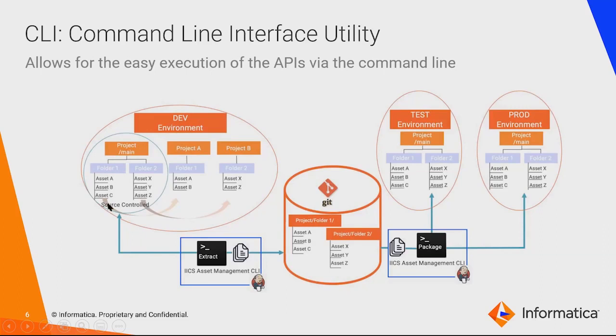So you need to extract this, right? So extract this in the sense, if it's an incremental release, you will have the list of assets that need to get migrated, or if it's an initial release, then you would want the complete folder 1 and folder 2 exported and moved into the environment.